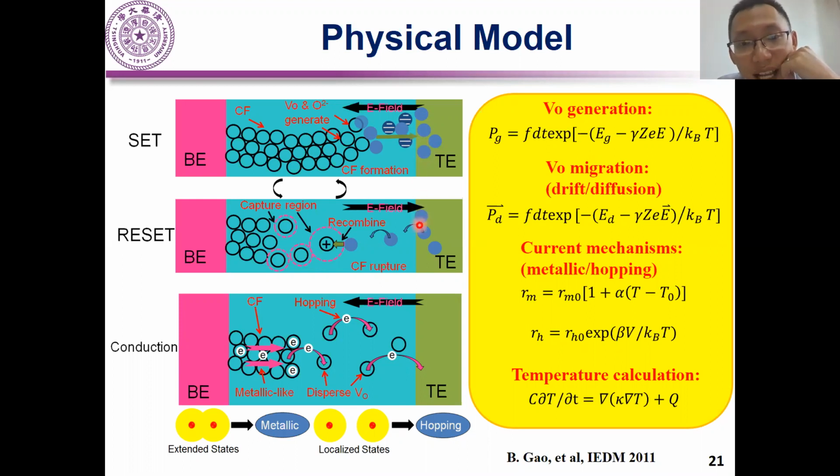During the reset process, this oxygen is pulled out from the electrode and then recombined with oxygen vacancies. So for the reset process, the activation energy is the energy for the oxygen releasing from the electrode. So there are two different activation energies, so the voltage is not symmetric.